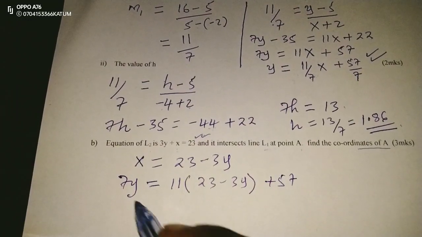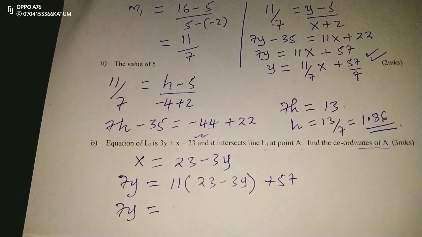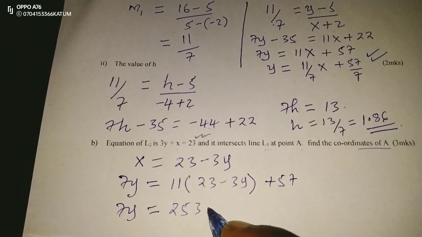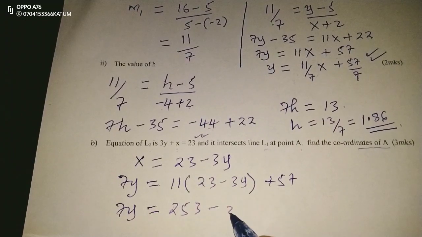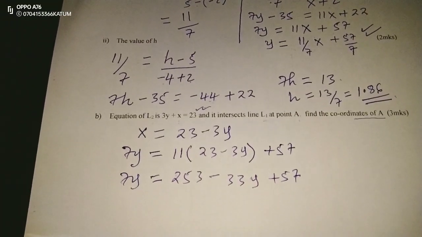Now we can get the unknown y. This becomes 11 times 23, which is 253, minus 11 times 3y, which becomes negative 33y, plus 57. So now we can group like terms.